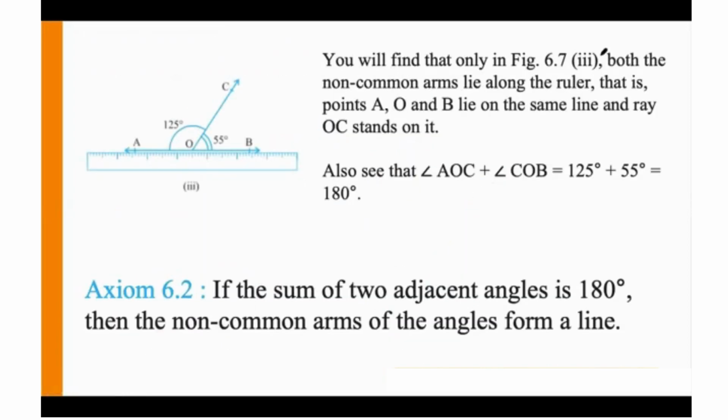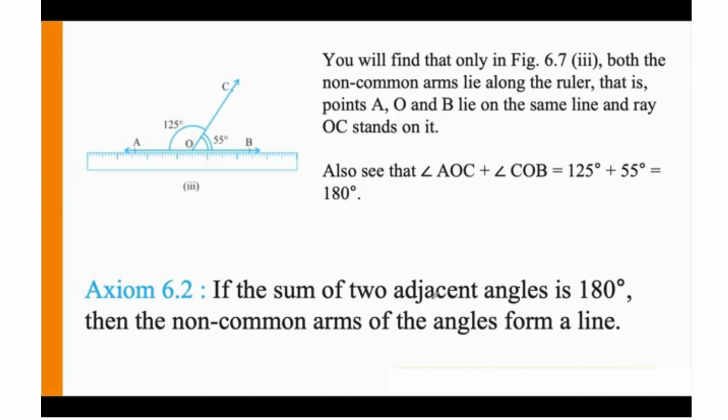So you will find that both non-common arms lie on the ruler in this case, and OB lies on the same line. Points A, O, and B are on the same line, and ray OC stands on it. So ray OC is standing on the line. Also, the addition of the two angles is 180 degrees.